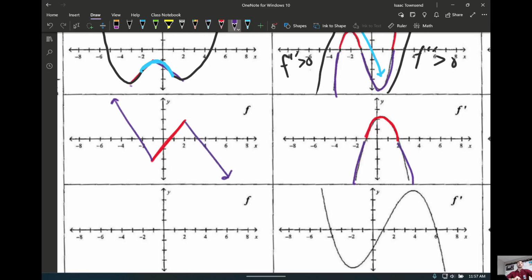You need to make sure that your graph is increasing and decreasing at the same times, not to the same values, but during the same times, and that part should be fine.